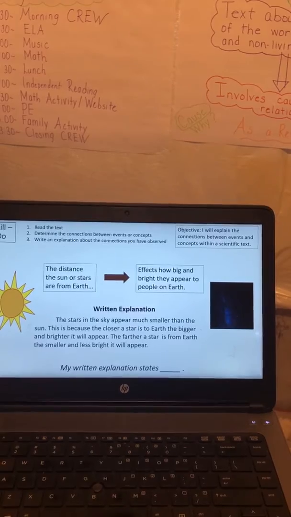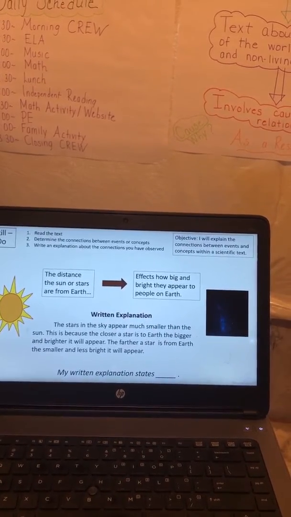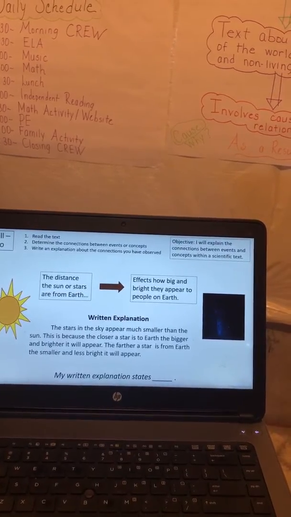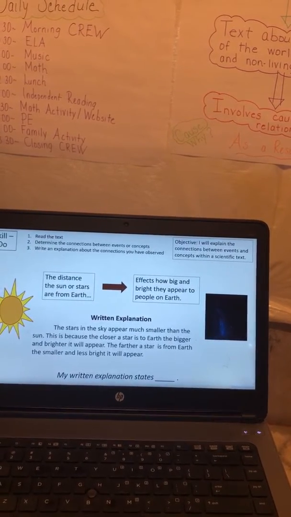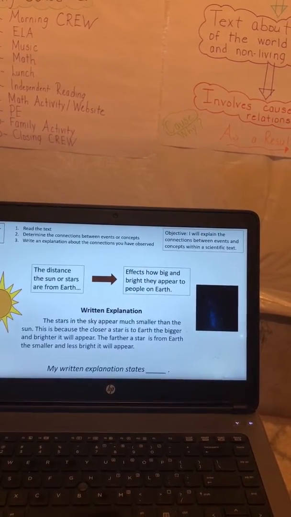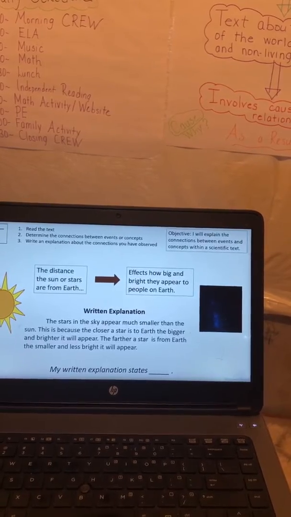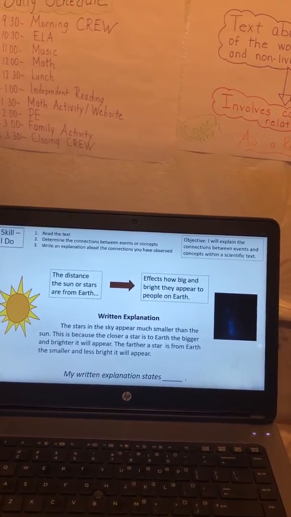The farther a star is from Earth, the smaller and less bright it will appear. Okay, so there's that cause and effect. If it is closer, it will be bigger and brighter. If it's further away, it will remain smaller and less bright. Okay, so that's our written explanation to explain our connection.